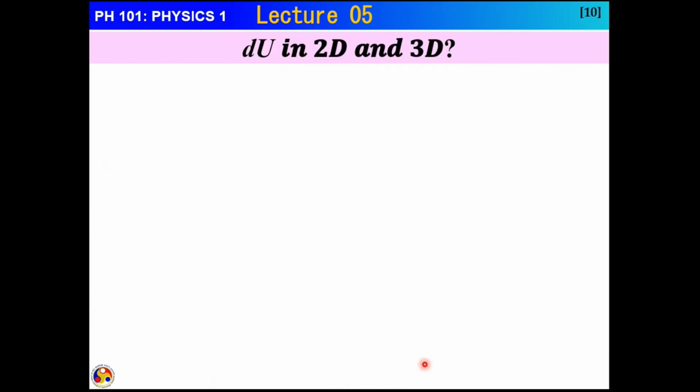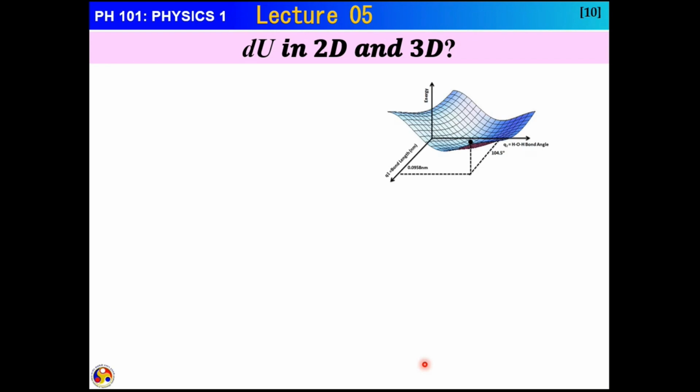So dU in 2D and 3D is the total change in the potential energy if we move from one position to another position.